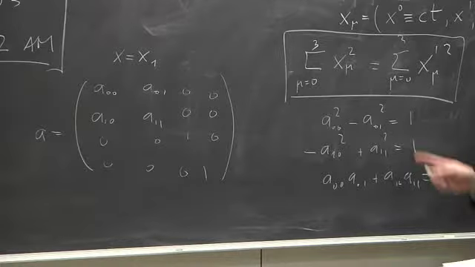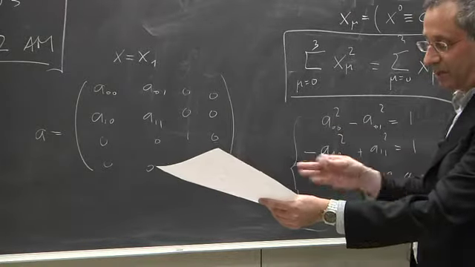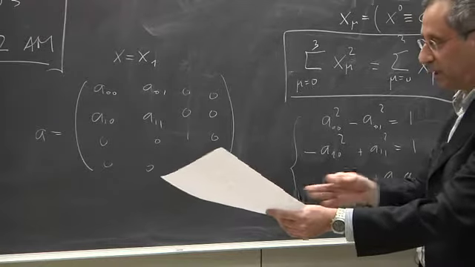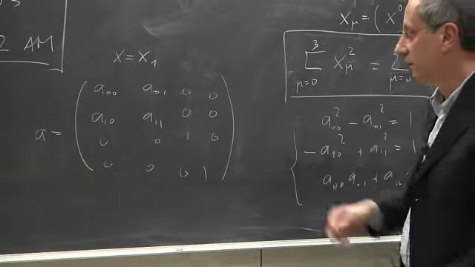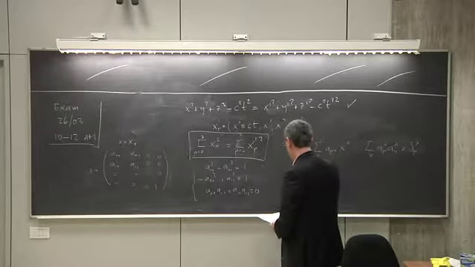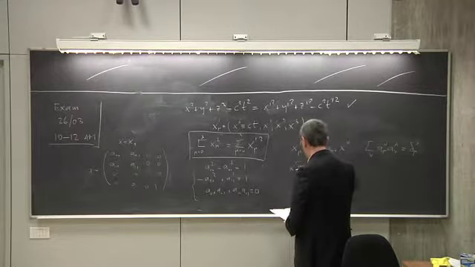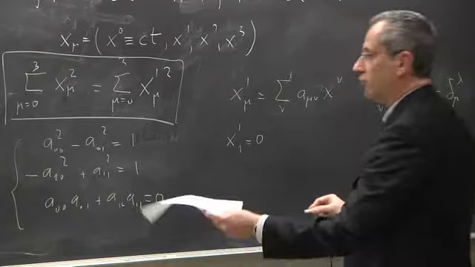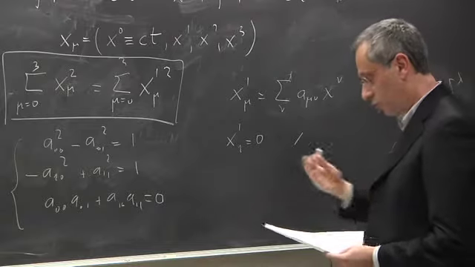Now, these are conditions on the coefficients. So I'm looking at the same case I was looking at before, just something moving in the x direction, okay? And then nothing is going on in the y and z directions. This is the condition on the orthogonality of these coefficients. Now I'm doing the transformation. So let's start from x prime 1 equal to 0, right? I'm doing this Galilean transformation to the motion.